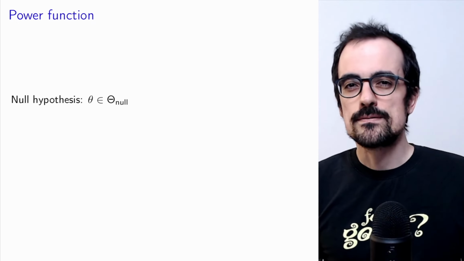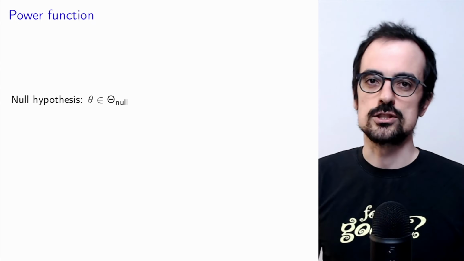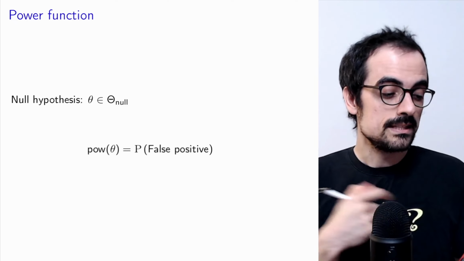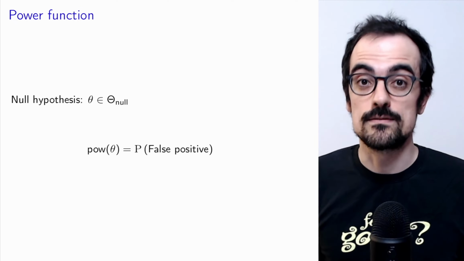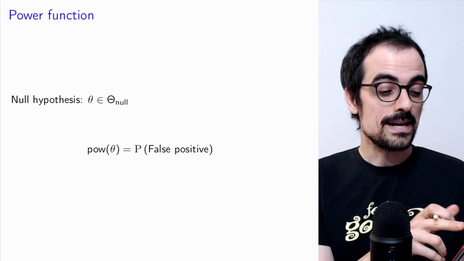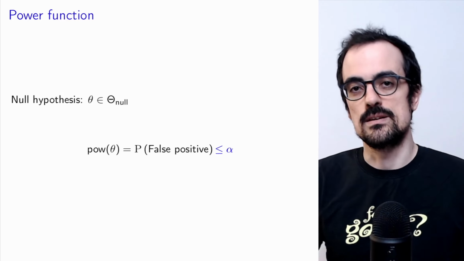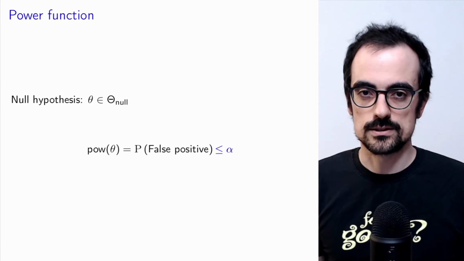The name power function can be a little bit confusing because it's also defined for values of theta that correspond to the null hypothesis. If the value of theta is within the null hypothesis, then rejecting the null hypothesis results in a false positive. So for those values, the power function is actually the probability of a false positive, and we have already mentioned that it's going to be bounded by alpha, as we established in the video on statistical significance.